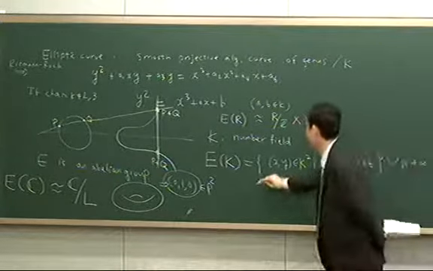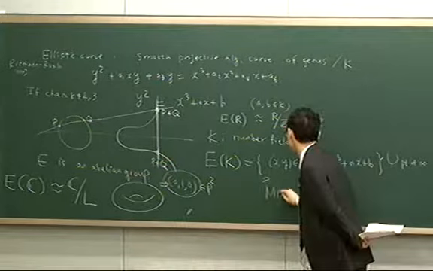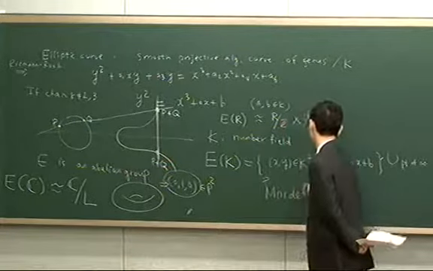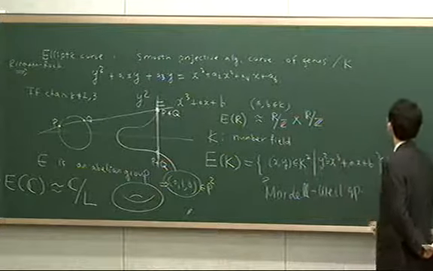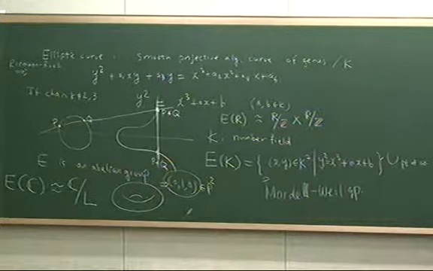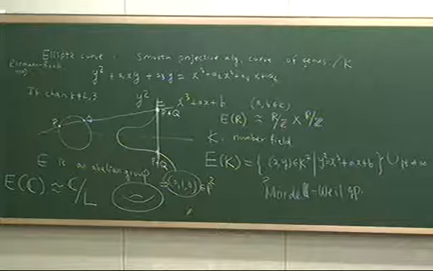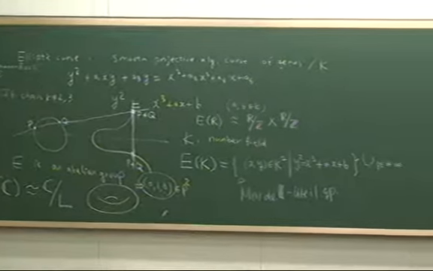This group is called the Mordell-Weil group. And Mordell's theorem is that the Mordell-Weil group is a finitely generated abelian group.